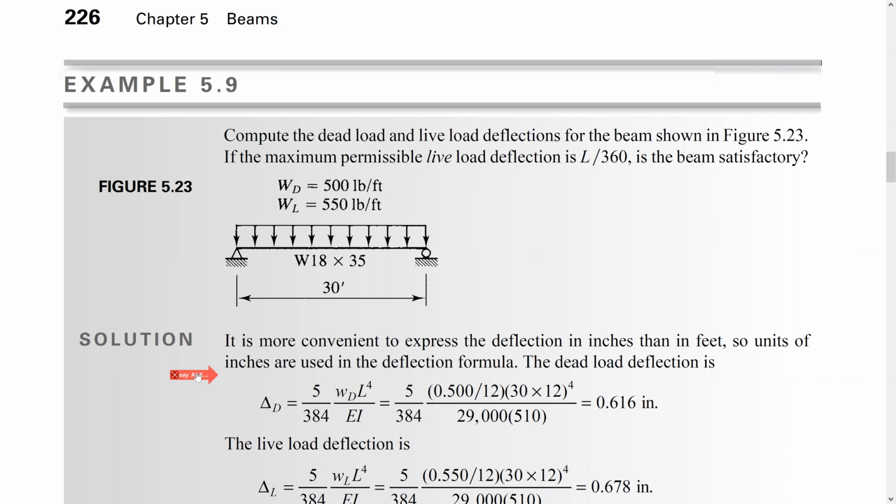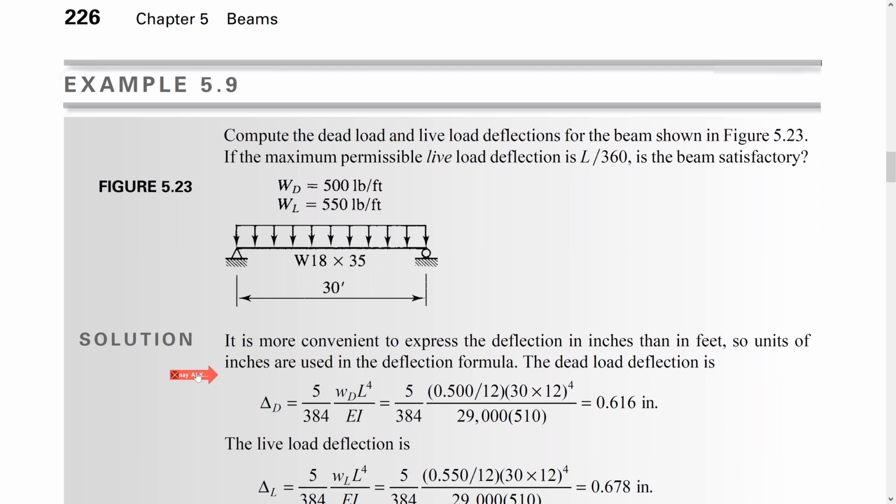Dead load is 500 pounds per foot and live load is 550 pounds per foot. The length of the beam is 30 feet, and the cross section is a wide flange W18 by 35. And here it gives the maximum permissible live load deflection, which is L over 360.